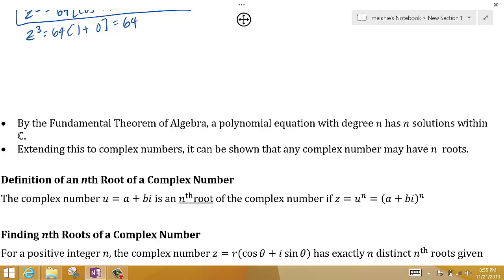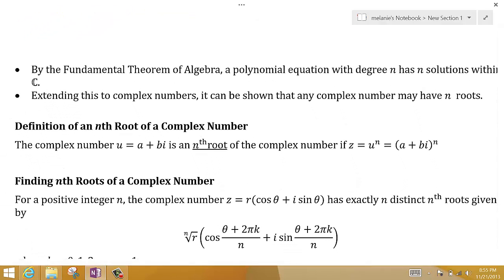So, the definition of an nth root of a complex number: the complex number u equal a plus bi is an nth root of the complex number z if u to the n equals z, which is a plus bi. So we're going to keep that in mind and use a similar property to figure out how to find nth roots.